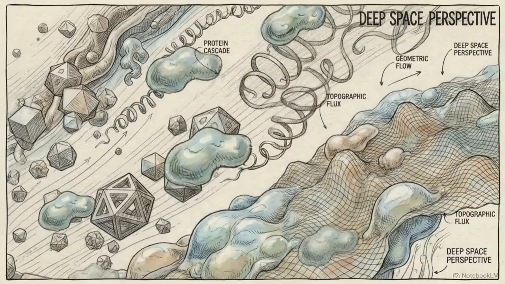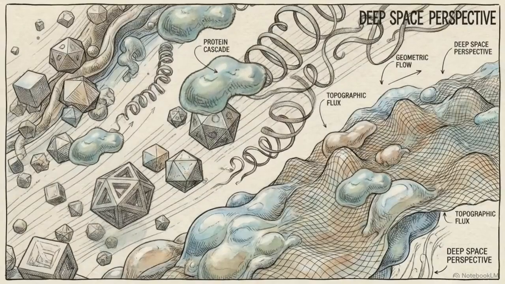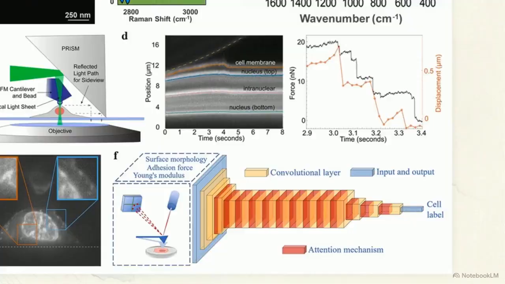Generating these correlated mechanical and chemical data arrays at high speeds produces an overwhelming volume of complex information. This schematic illustrates the implementation of artificial intelligence to process these massive datasets. Surface morphology and adhesion data are fed directly through a multi-scale convolutional neural network.